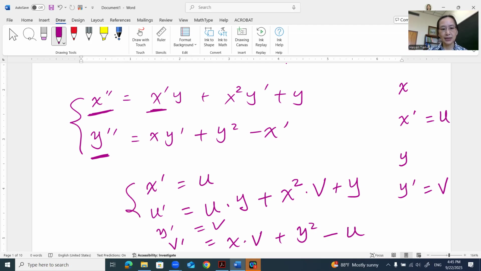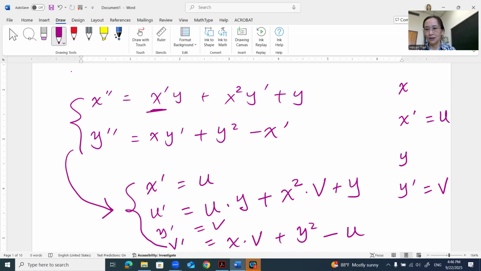So you see we can get four equations, right? So this is already a reduction of second order to first order. As a result, we get four equations of first order.